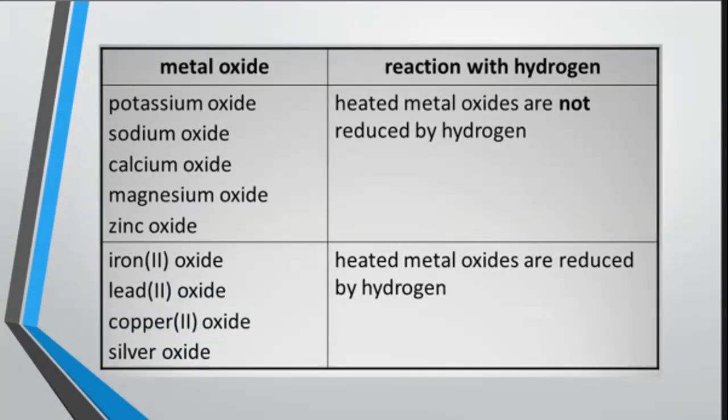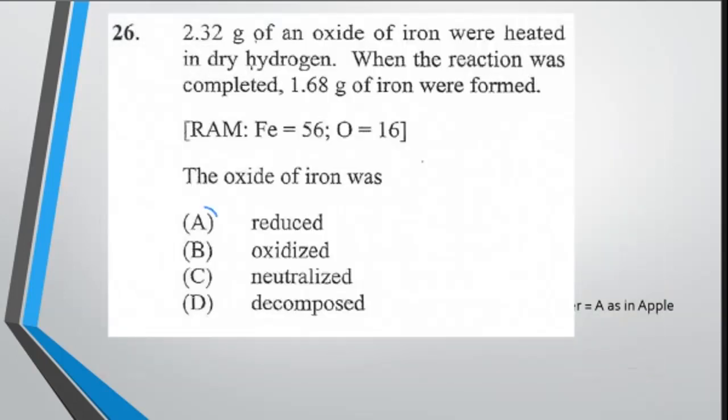There are some metal oxides that react with hydrogen and are reduced by the hydrogen, while there are other oxides that are not reduced by hydrogen. Iron oxide, lead oxide, copper oxide, and silver oxide are all reduced by hydrogen. So our answer to this question is A as in apple. The oxide of iron was reduced.